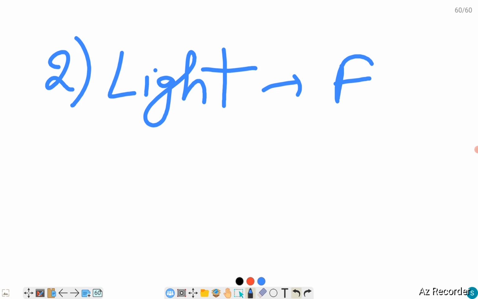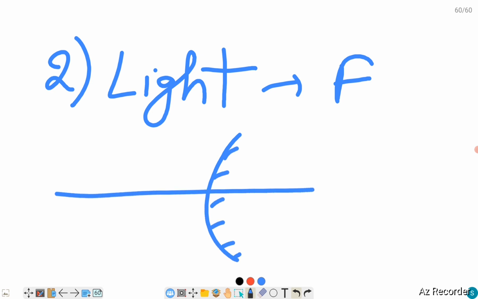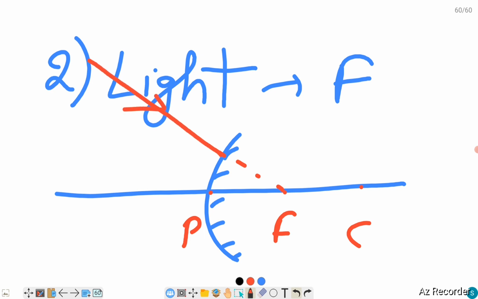Then after reflection, what happens? Observe. Pole, focus and center. Then how do you draw this appearing ray? I just extend it first behind the mirror and from the mirror I will take the straight line here.